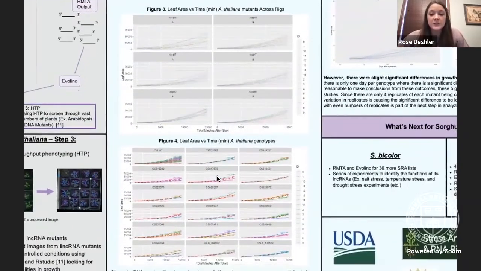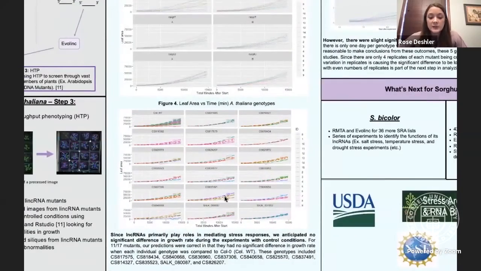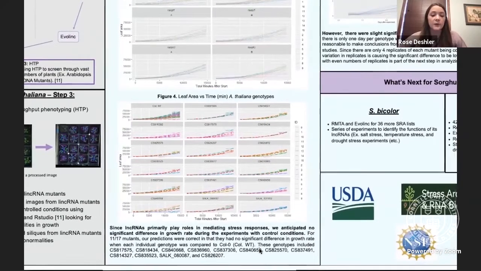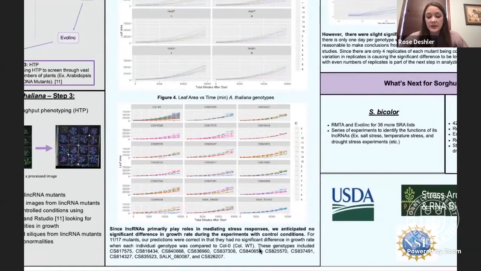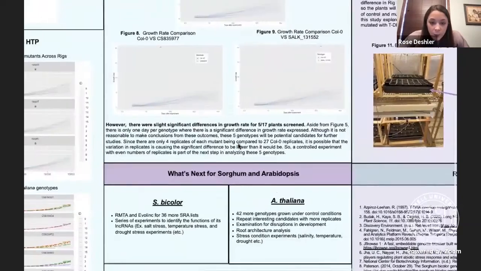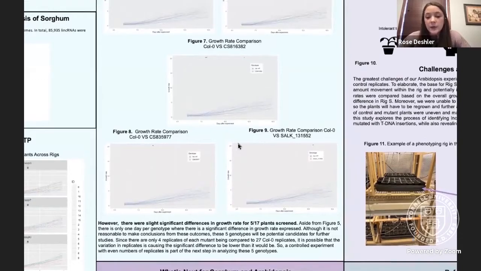We expected there to not be any significant difference in growth rate because lincRNAs are so prevalent in stress responses, and we were correct: there was no significant difference in growth rate for 11 of the 17 mutated plants that we've grown. However, as you can see here, there were slight significant differences in 5 out of the 17 plants that we've screened through. We're going to use those as potential candidates for further study and grow them using more replicates.